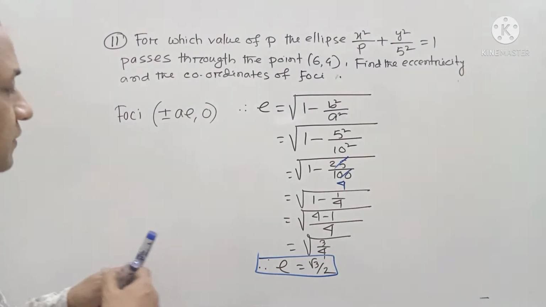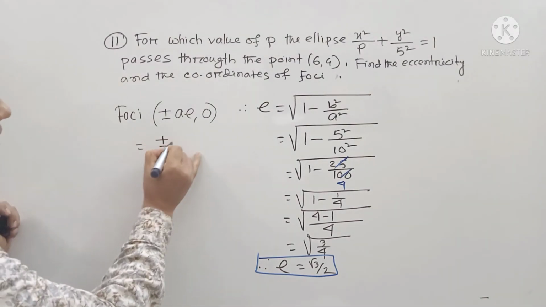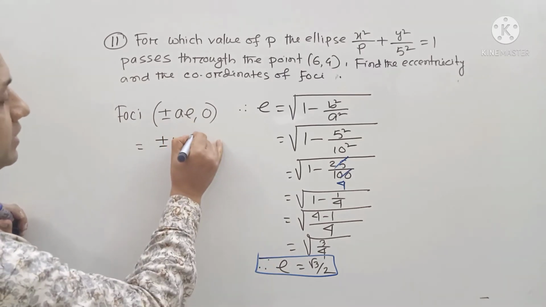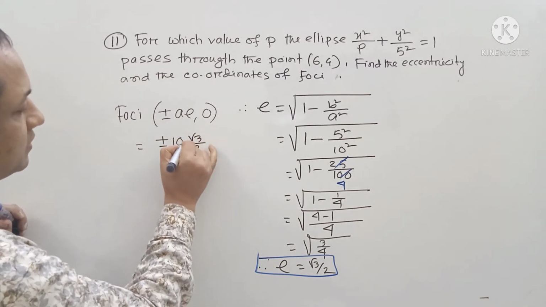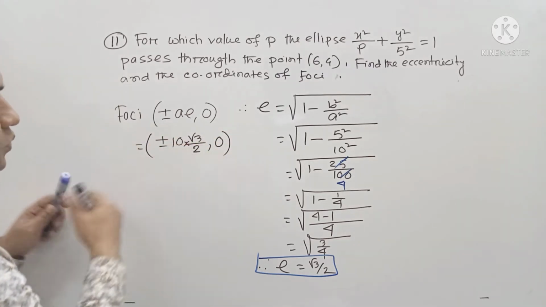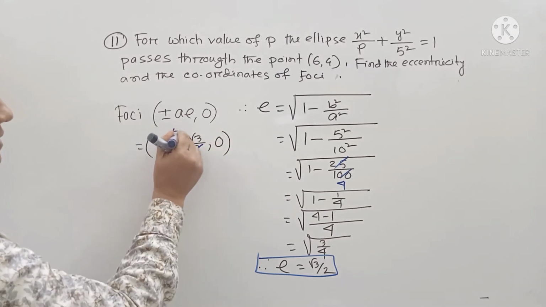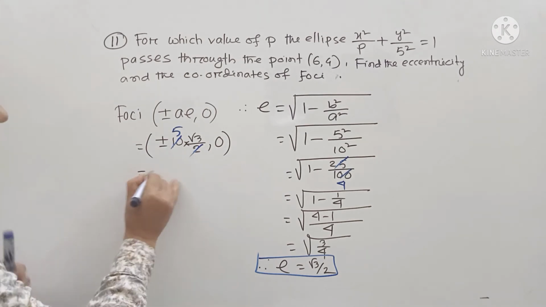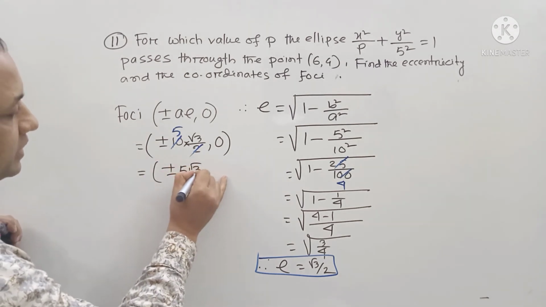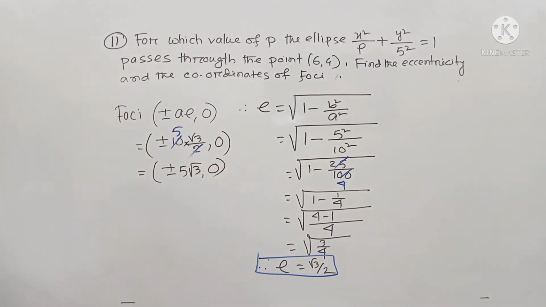So putting the value of A is 10 and E is root 3 by 2, the eccentricity is root 3 by 2, 0. Here 2 and 10 cancel to give 5. So the required coordinates of the foci are 5 root 3, 0.